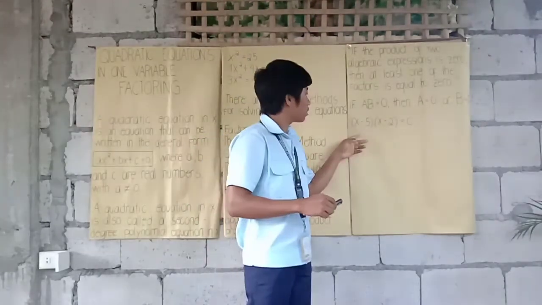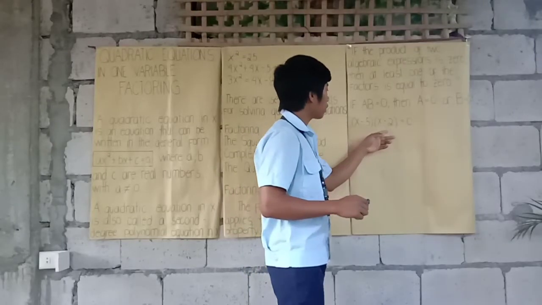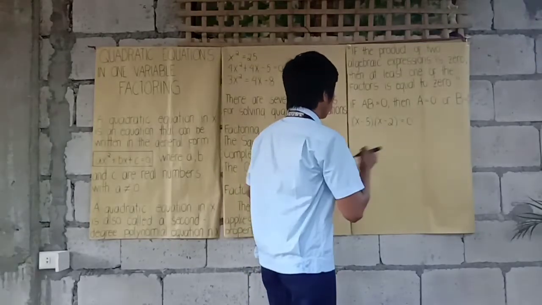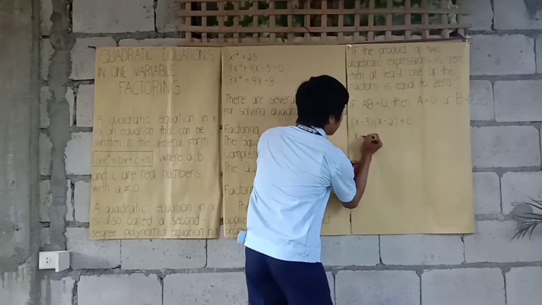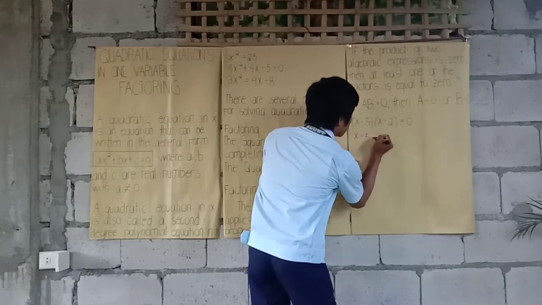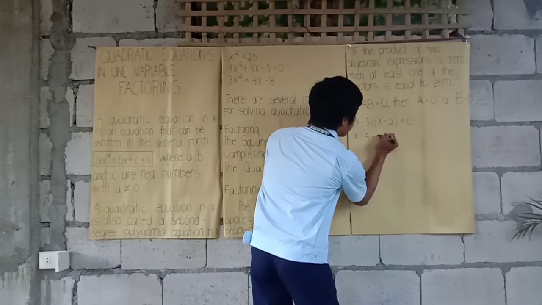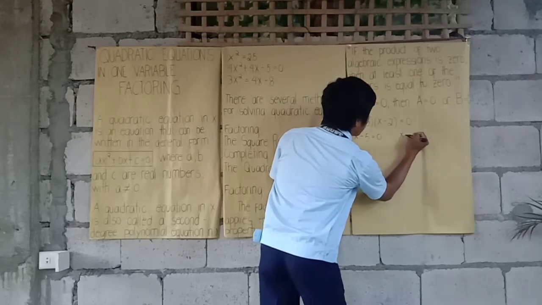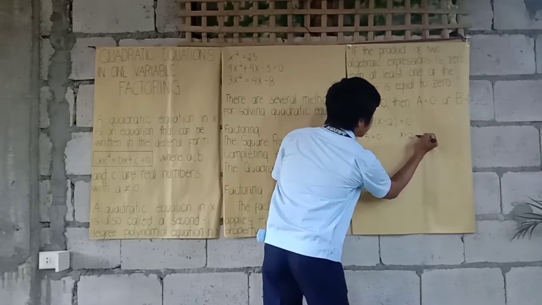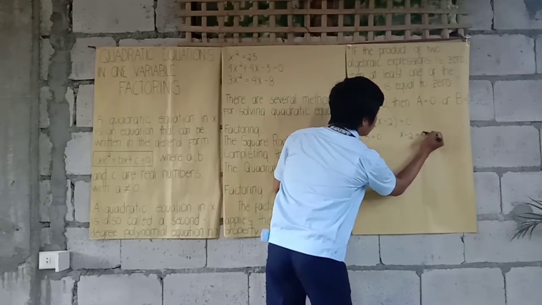Iset natin to yung dalawa na ito na factor sa 0. So x minus 5 is equal to 0 and x minus 2 is equal to 0.